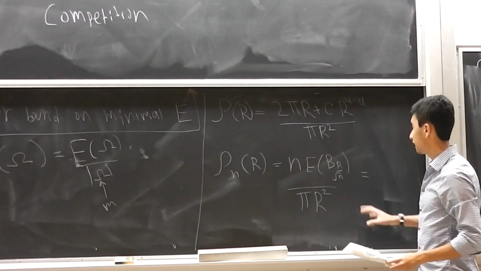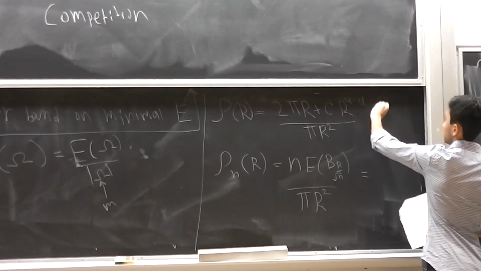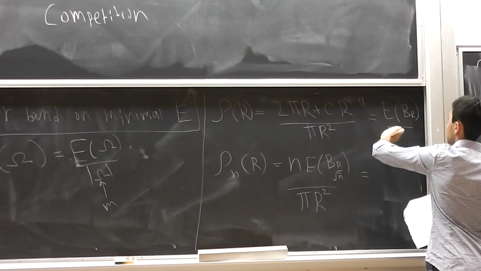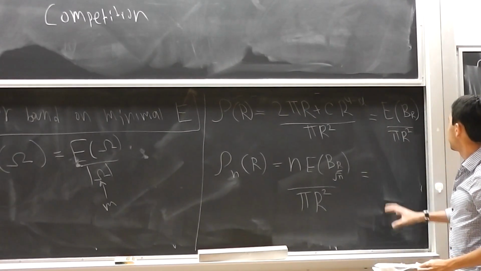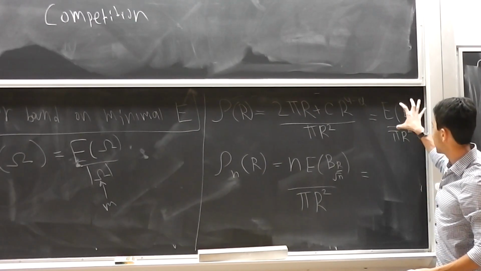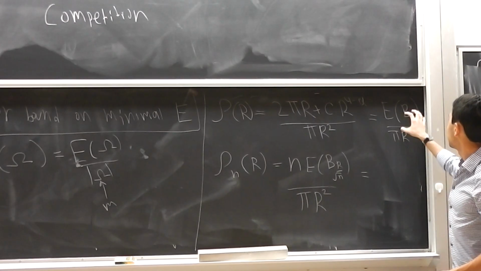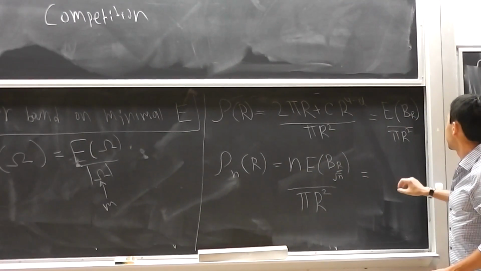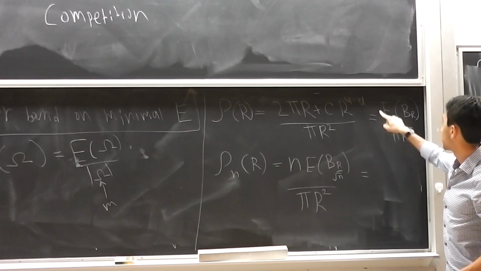Okay, so the nice thing here is, this is just the energy of the ball of radius r over pi r squared. If you take this and plug in r over the square root of n for r, you're going to get the energy of the ball of radius r over the square root of n, and you're going to get pi times r squared, and the n is going to come up.